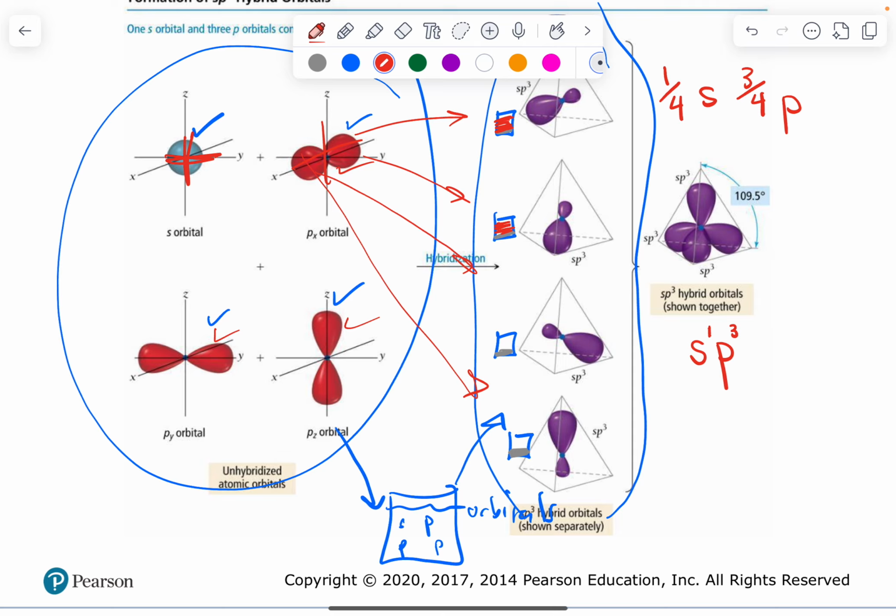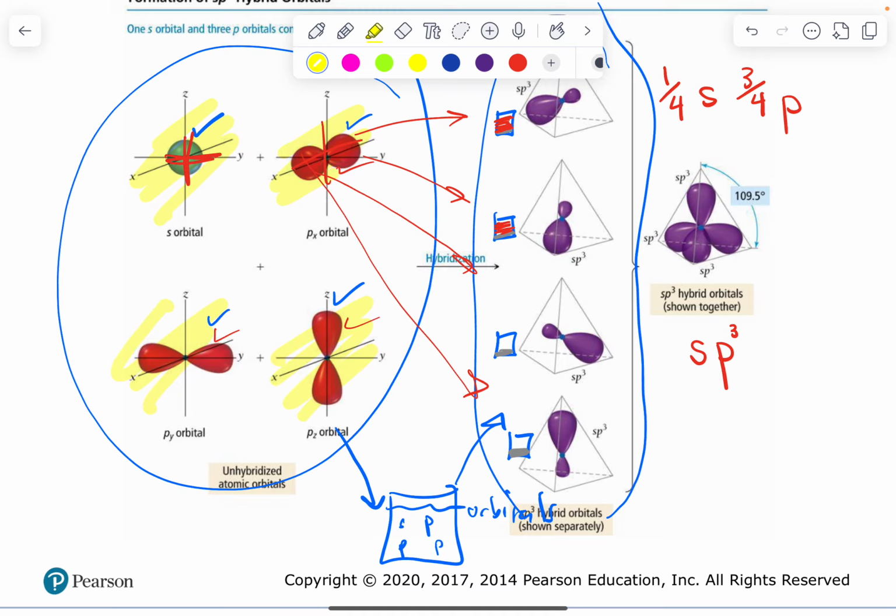We don't write the 1, so I'm just going to erase that here. We just call it an sp3 orbital. And what that means is that it is an orbital that came from the mixing of 1 s and 3 p's. So that's how we label these.